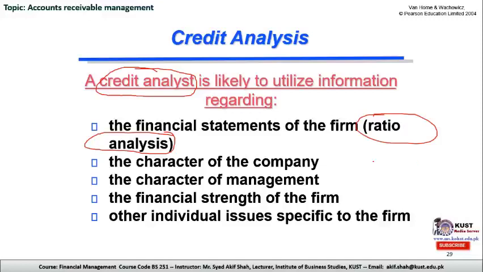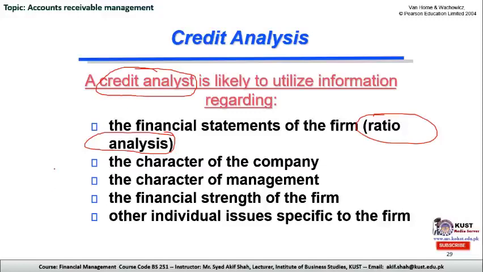These ratios are helpful for our company to find out whether they will be able to pay their obligation on due time or not. We can also use the inventory turnover ratio and accounts receivable turnover ratio of that credit applicant, because those ratios will tell us whether they are able to pay their obligation in the future or not.